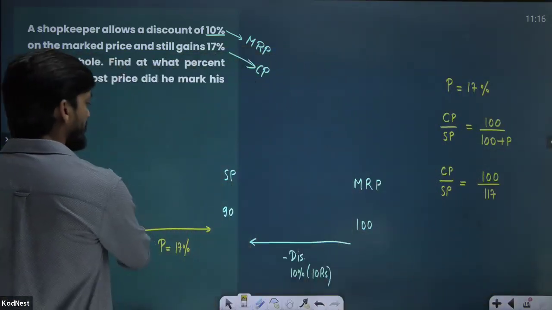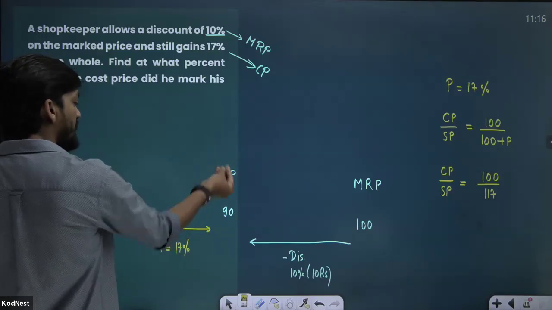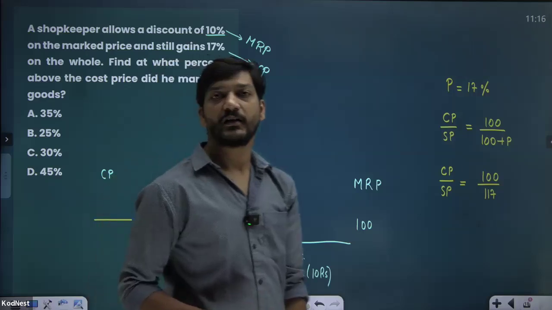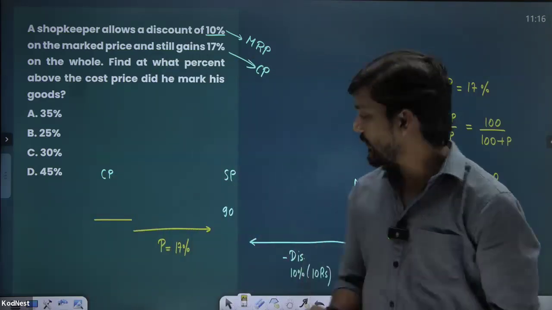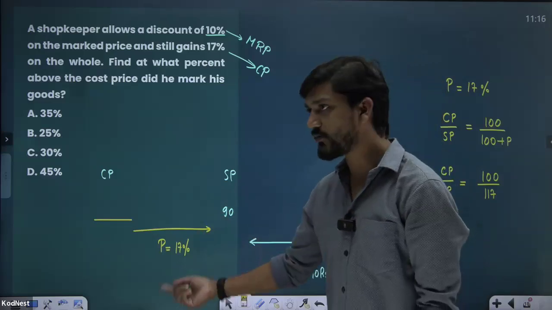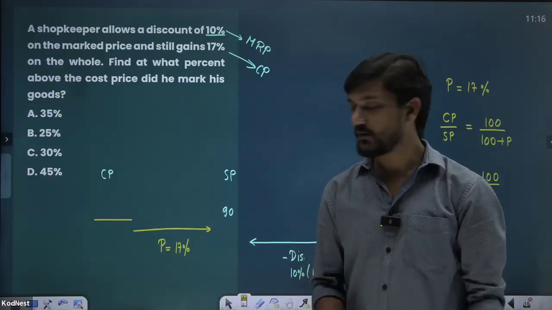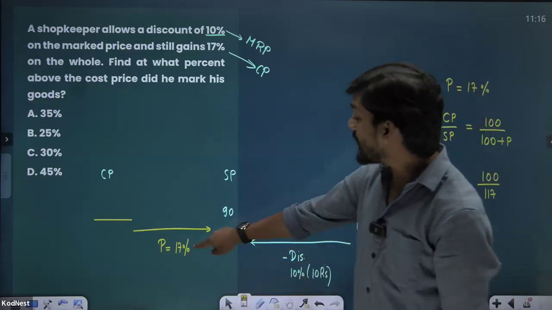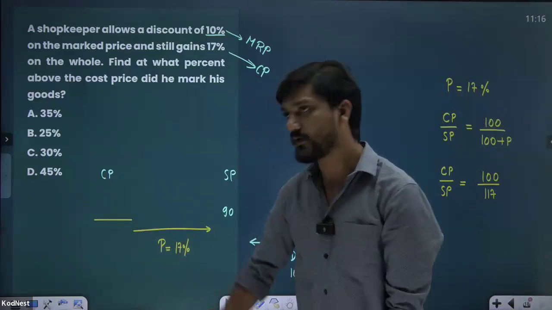I don't know cost price. I know selling price. But with selling price, I cannot tell what is profit in rupees. 17% of 90 is not profit. 17% of cost price is profit.